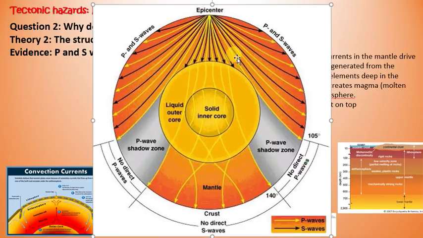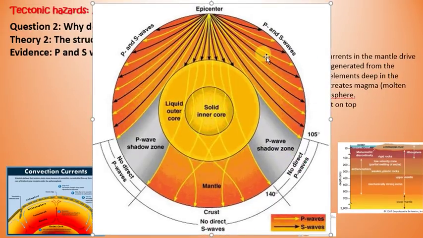So some parts of the world end up where no waves are detected, and doing a bit of jiggery-pokery and higher level physics, it proves the composition of the Earth. That's all you need to know.